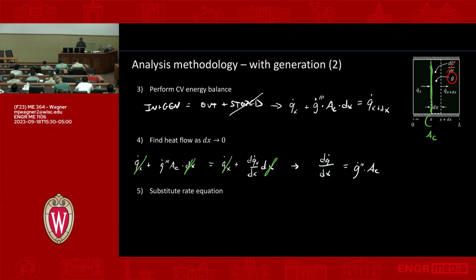Okay, so then let's substitute the rate equation. Remember our rate equation is Fourier's law in the coordinate x. So we're going to do g dot triple prime times Ac is equal to d dx of the rate equation, minus k Ac dT dx.